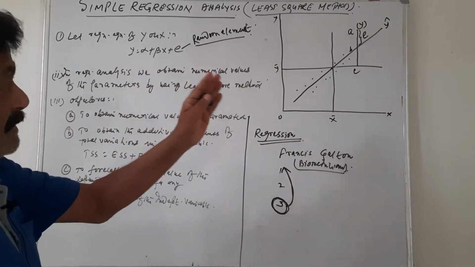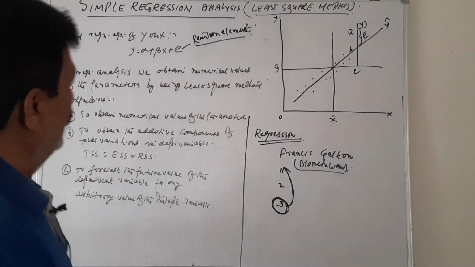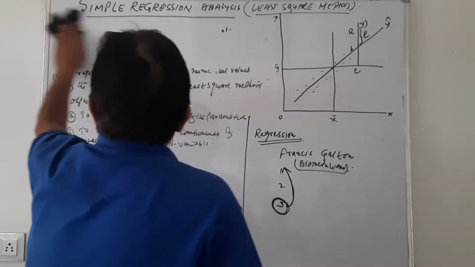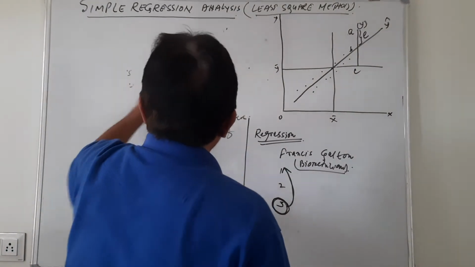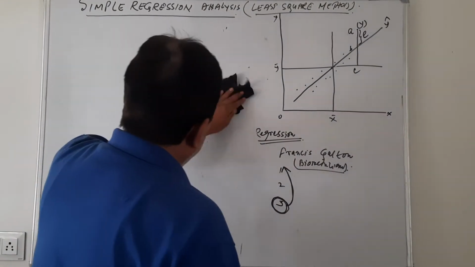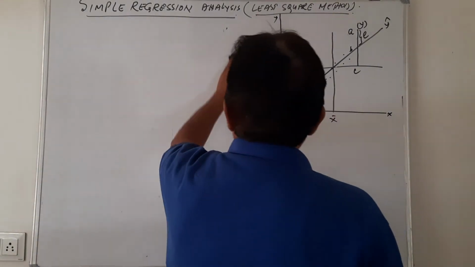Now, what is the least square method? This I am going to explain just now. Now, we must come to the least square method. A little bit of differential calculus would be used for maximizing a function.